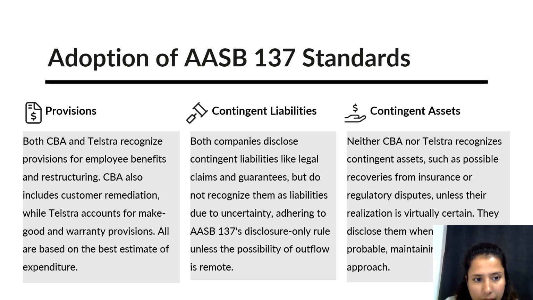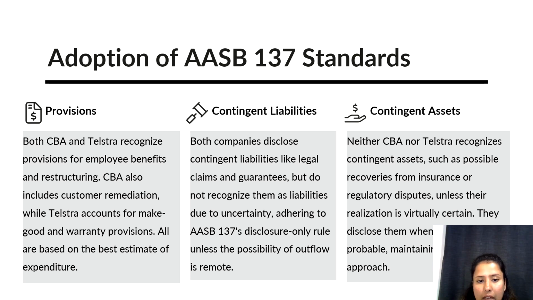So firstly, talking about the provisions, both Commonwealth Bank and Telstra recognize their provisions for employee benefits and restructuring. The Commonwealth Bank also includes customer remediations, while Telstra accounts for make-good and warranty provisions. All of this is based on the best estimate of expenditure.